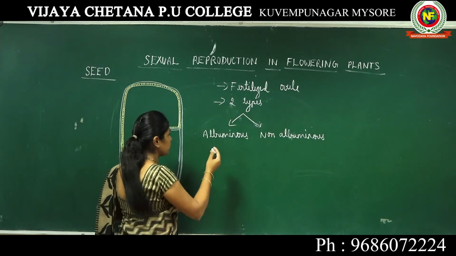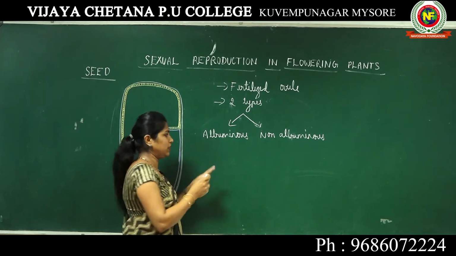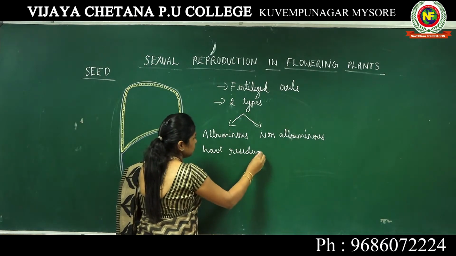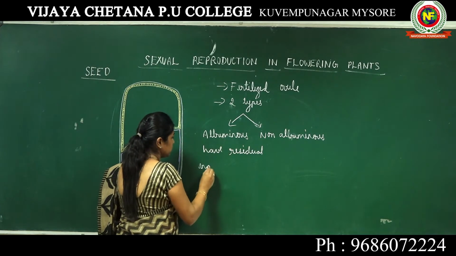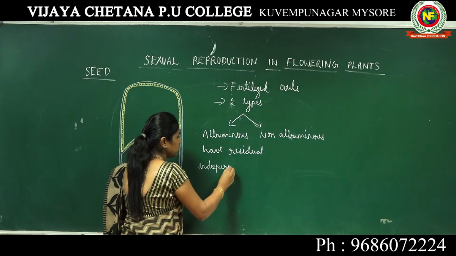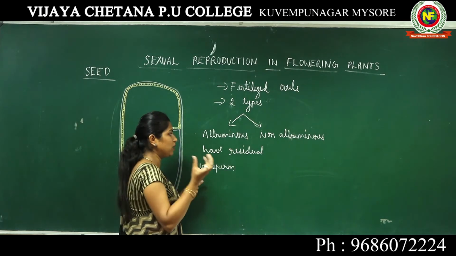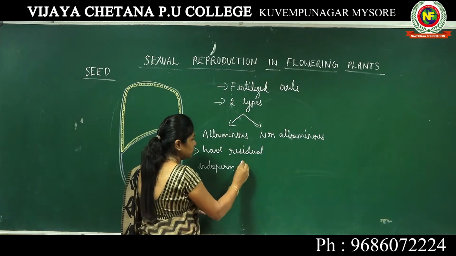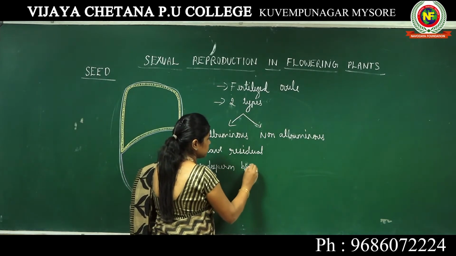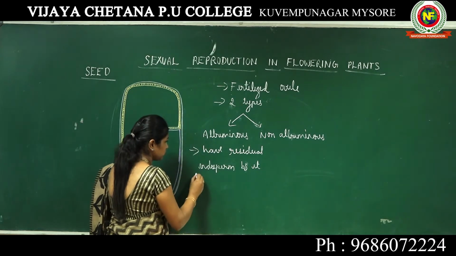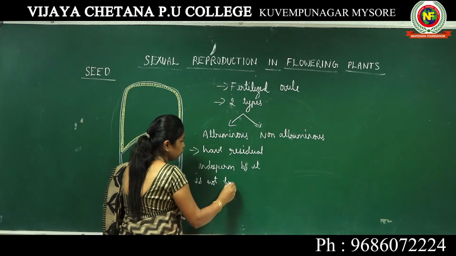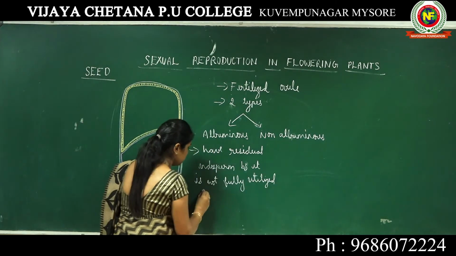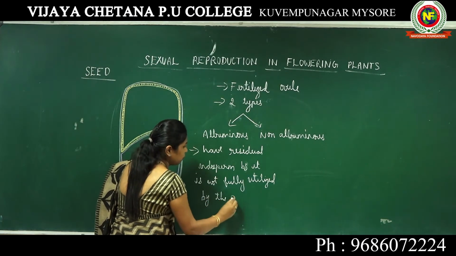So we can say albuminous seeds are those seeds which have residual endosperm. That means some small part of endosperm is present inside the seed because it is not fully utilized by the developing embryo.